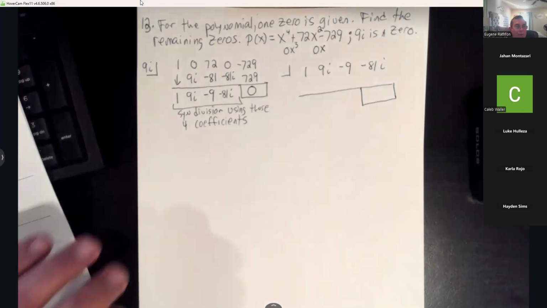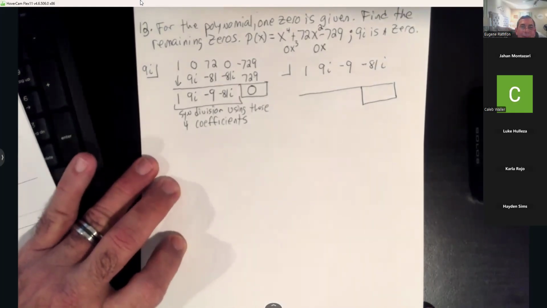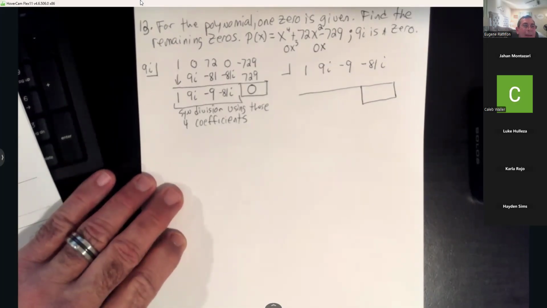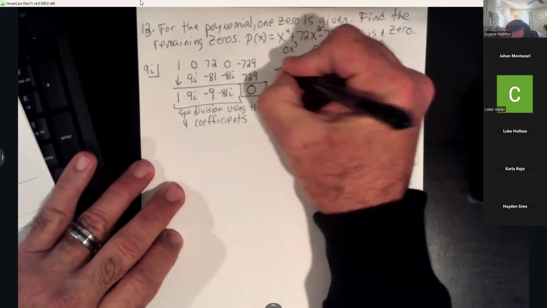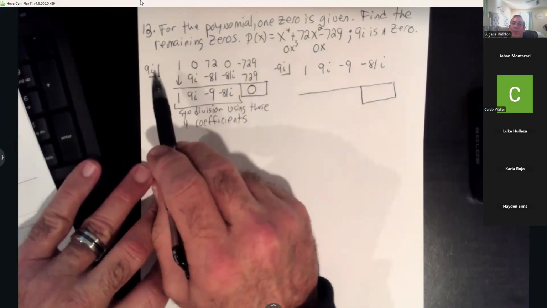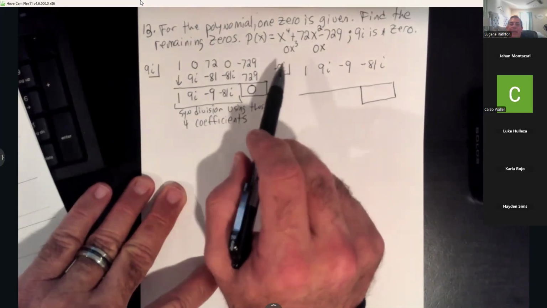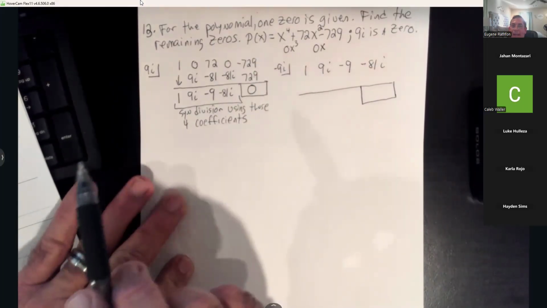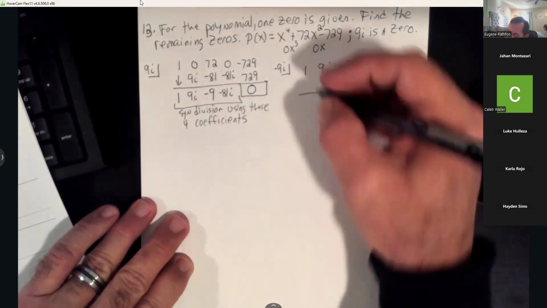Negative 9i, perfect. Remember, these got to come in conjugate pairs. So if they give me 9i, then I automatically got to try the negative 9i. Good job, Carla.